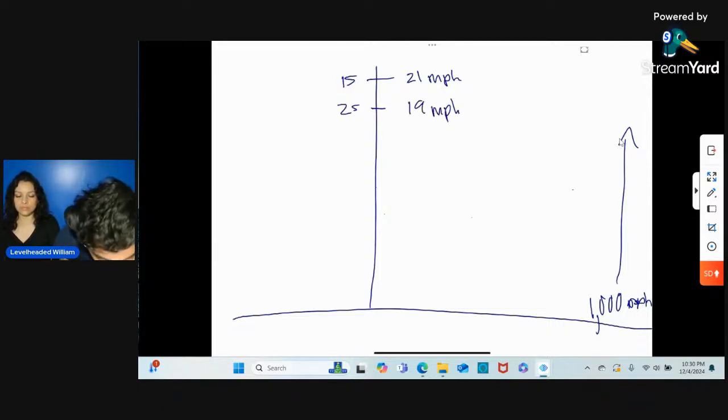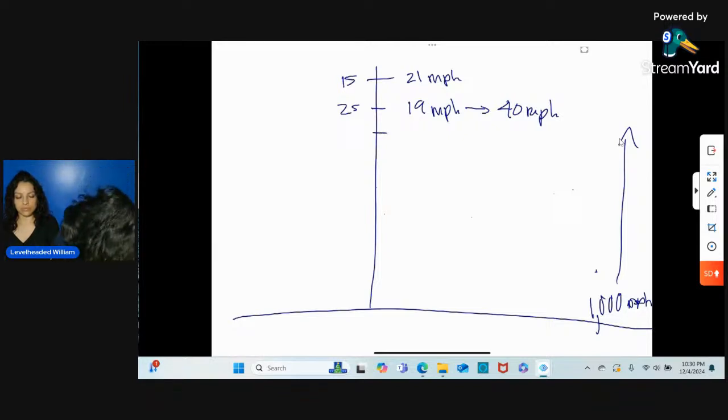So now the total difference in speed is 21 plus 19. So in the second second, it's not just 19 miles per hour. The difference in speed between the free falling object and the Earth is actually 40 miles per hour now. It went from 21 miles an hour to 40 miles an hour.